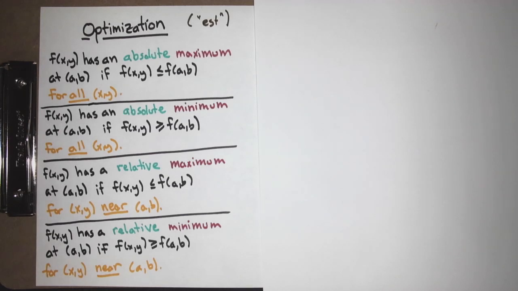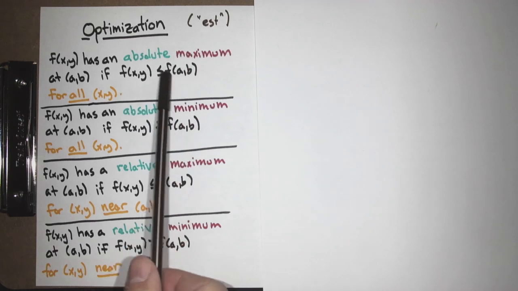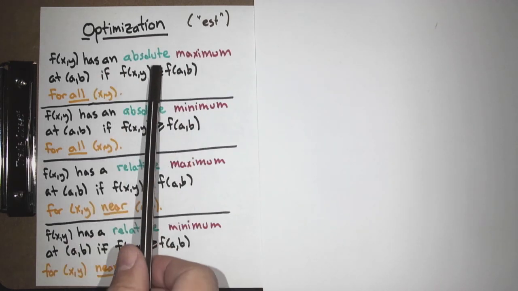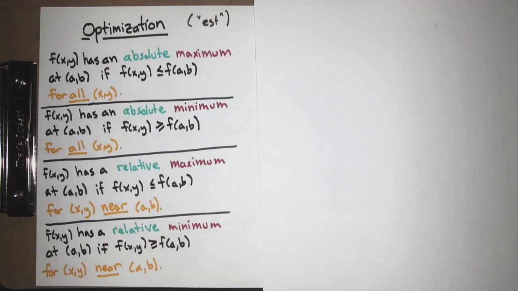Generally speaking, there are 2 kinds of maximums and minimums we talk about. The first kind is what we call absolute. You have an absolute maximum at a point if your function at that point is bigger than or equal to the function anywhere else. In other words, it's the largest value that's obtained.